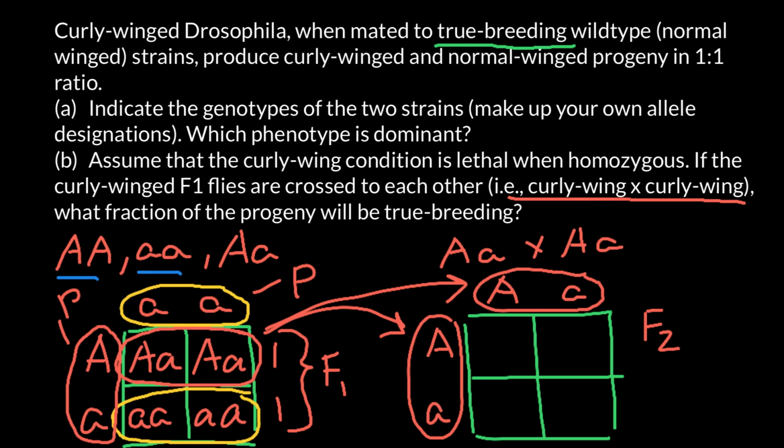So what we are going to have: capital A, capital A here, capital A, small a here, capital A, small a here, and small a, small a here. If you think that the answer is going to be that true breeding is 1/4, this is not the correct answer, because this genotype is going to be lethal. So we wouldn't see this genotype at all.